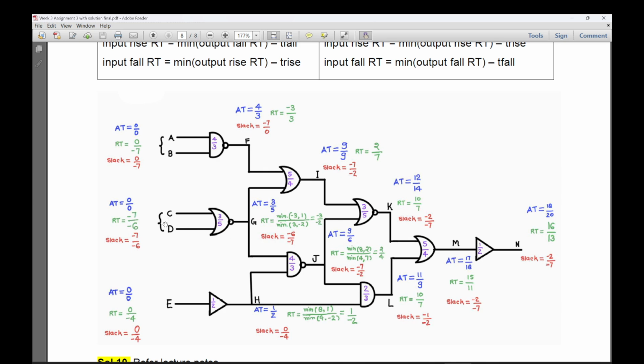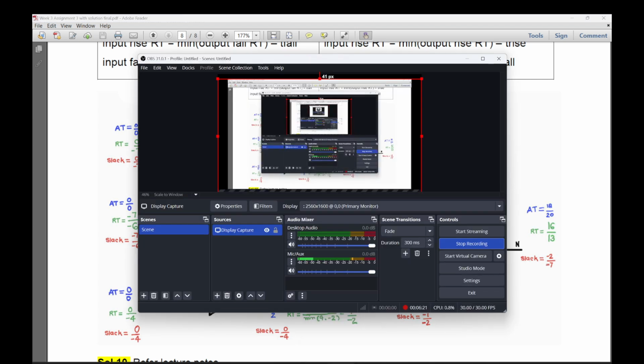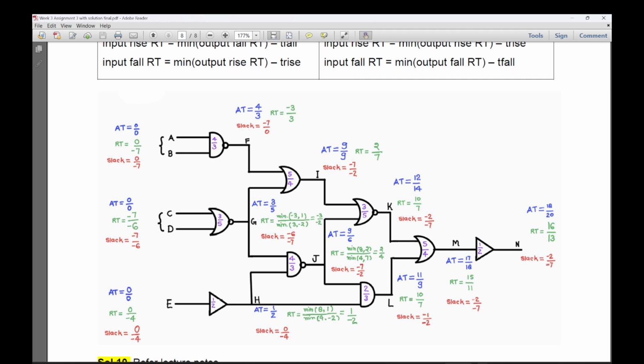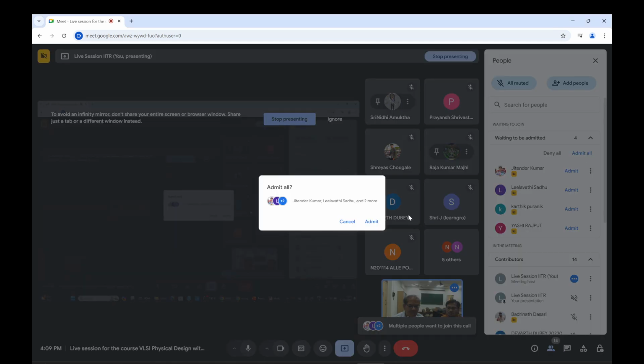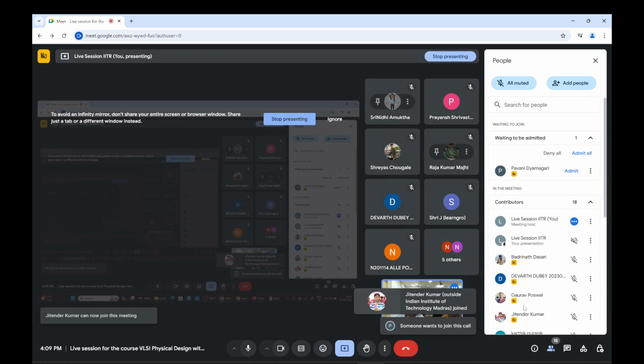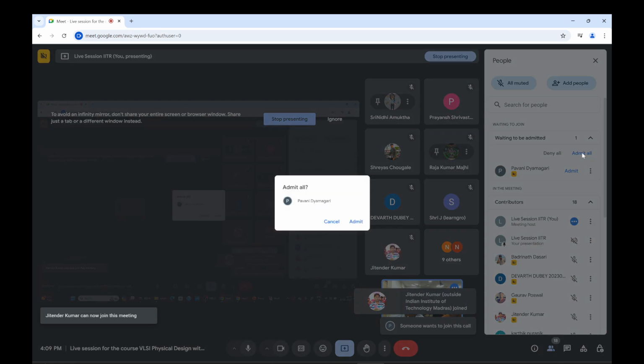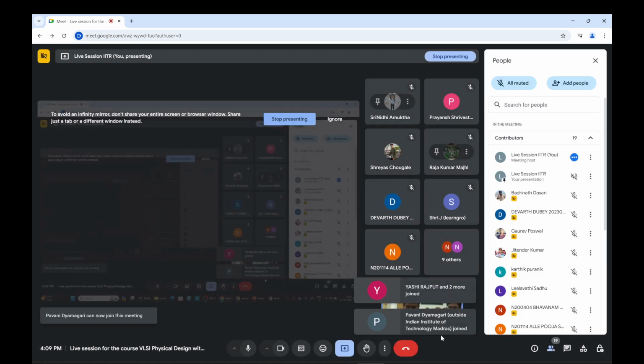So you need to propagate your signal from the primary input to the output.